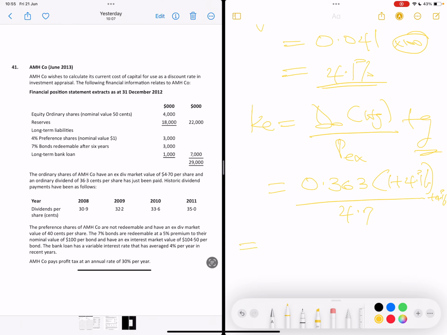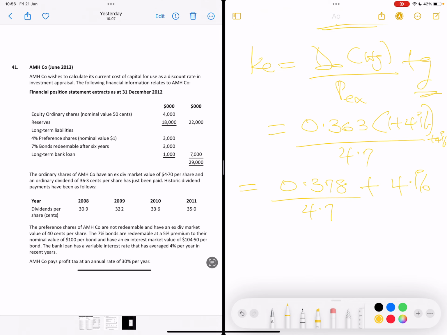So that equals 4.1% plus 1 multiplied by 0.363, so that equals 0.378 divided by 4.7, plus 4.1%.